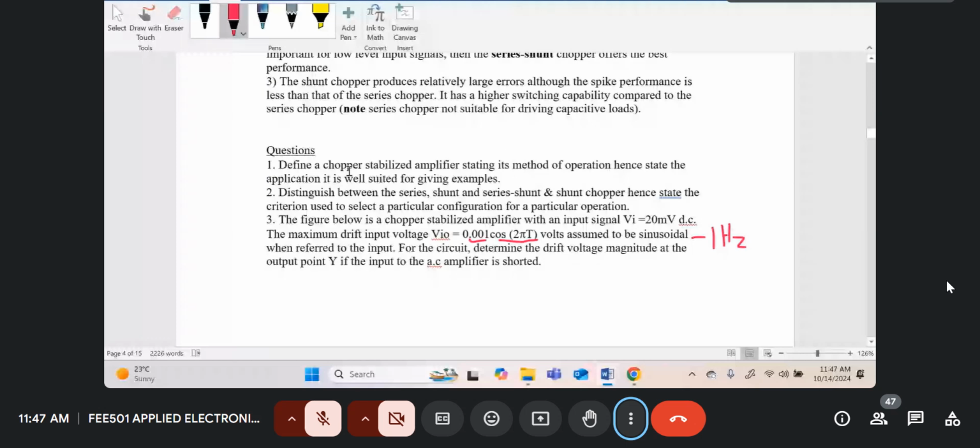Question 1, define a chopper stabilized amplifier, stating its method of operation. Hence state the applications to which it is well suited, giving examples. The principle of operation. Most students do not know the principle of operation.